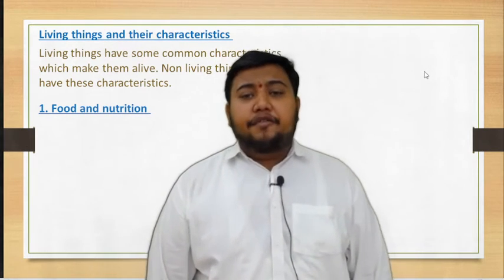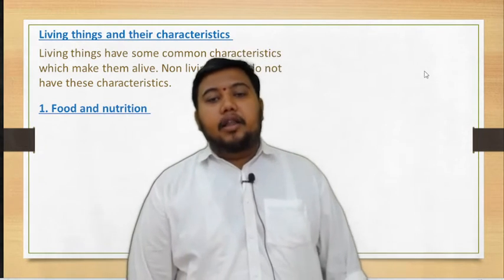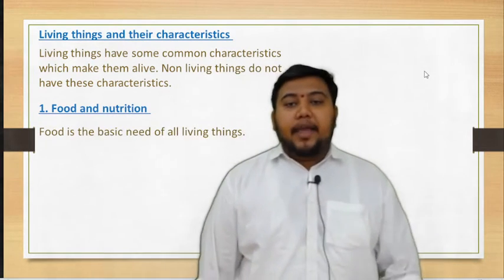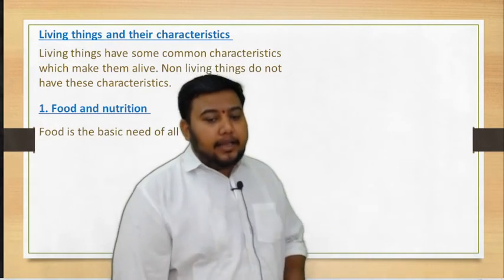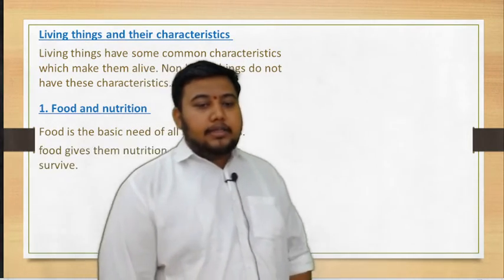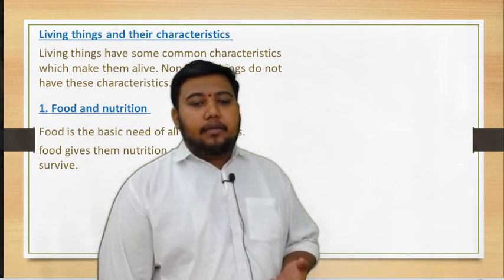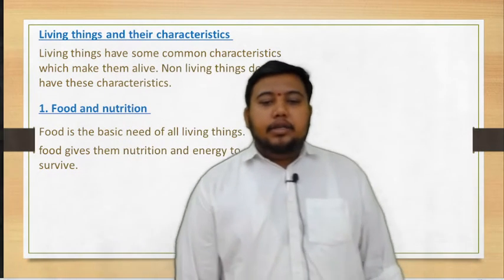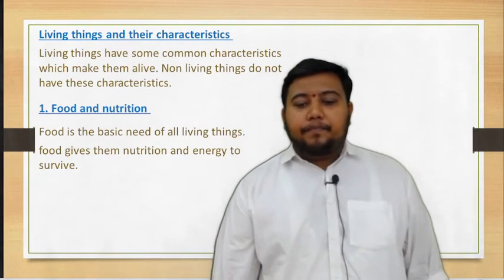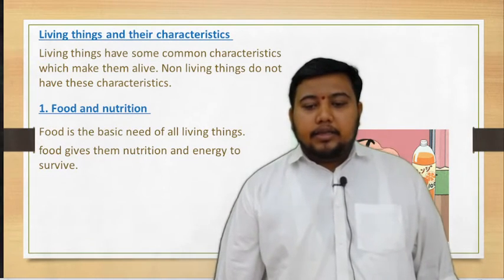First one is food and nutrition, a characteristic of biotic components or living things. Food is the basic need of all living things. Food gives them nutrition and energy to survive. Okay, see this image.